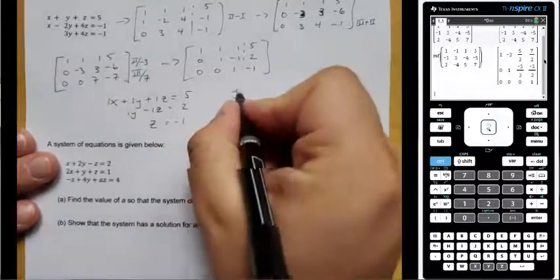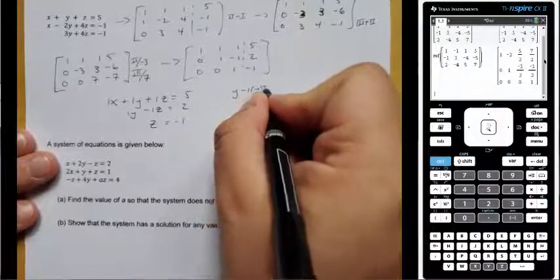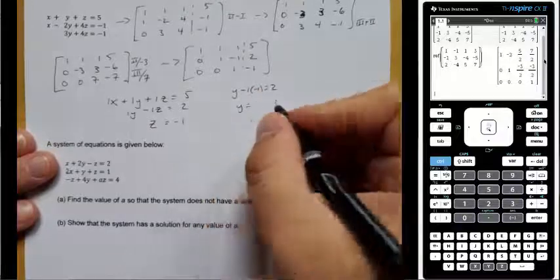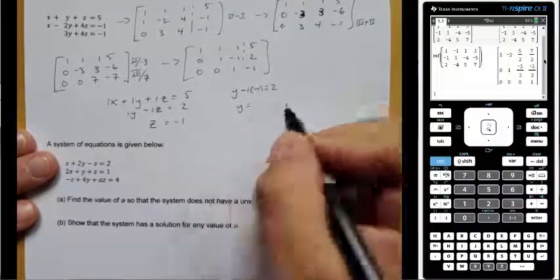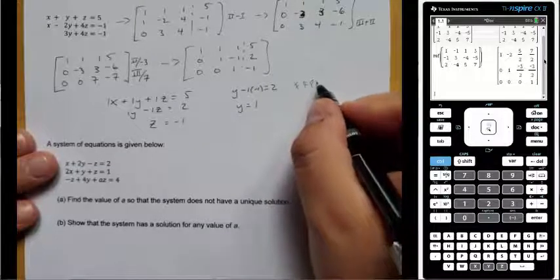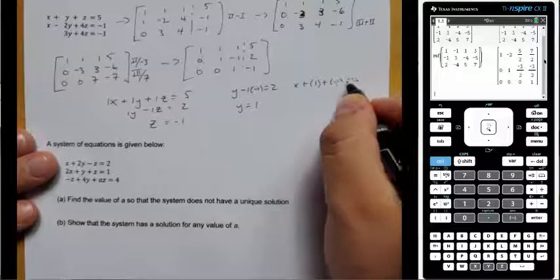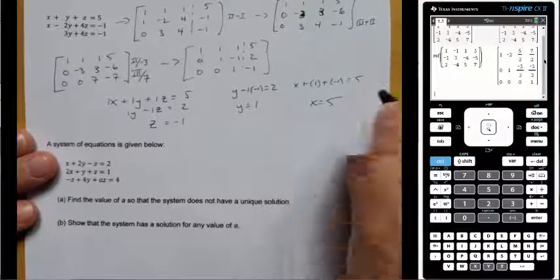That tells me that y minus 1 times negative 1 is 2, or y equals 1. And that x plus 1 plus negative 1 is 5, or x is 5.